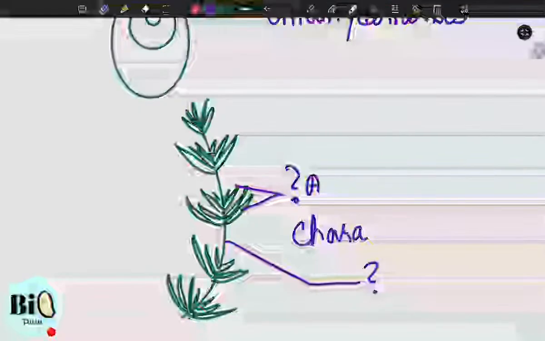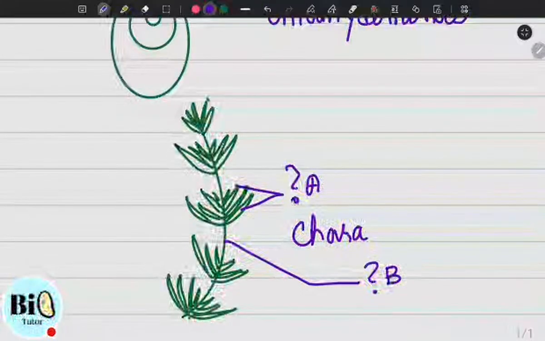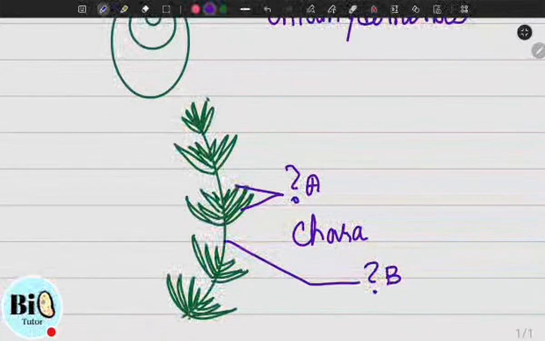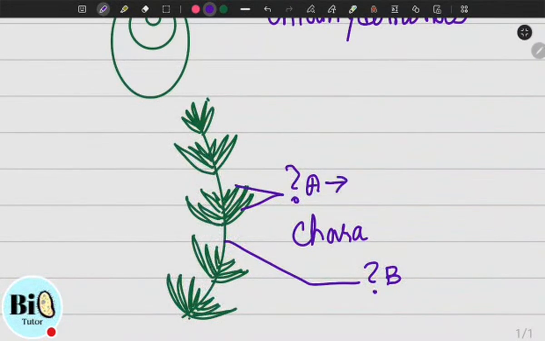What is A and what is B? Write down in the comment section or in the chat box. Okay, so the first part, the first labeling A, these are branches. And the second labeling B, that is axis.